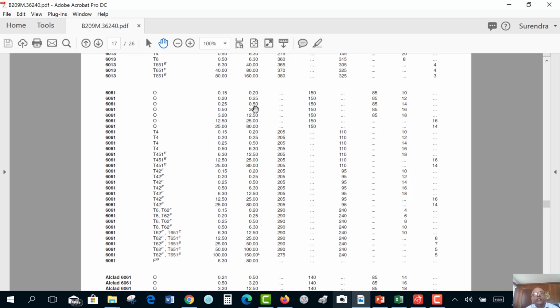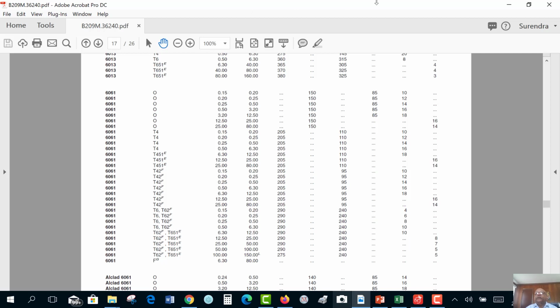So we read 1.6 millimeters. So we see that there is a maximum tensile strength, 150. This is in MPa, maximum yield strength. And then this is elongation to failure. Then for T6, we come here, again, we look through our thickness, and we have 290 and 240 and 10%.